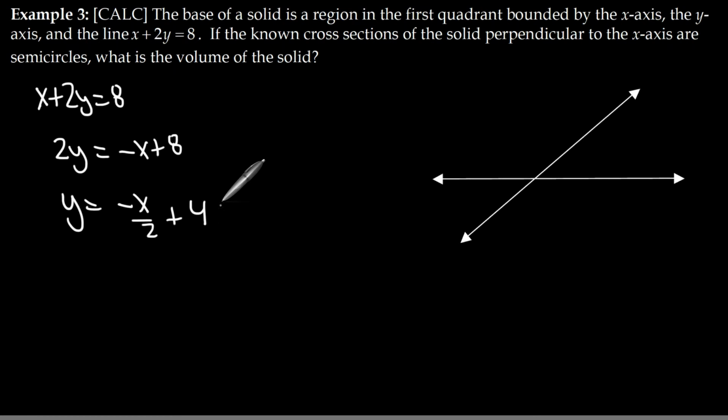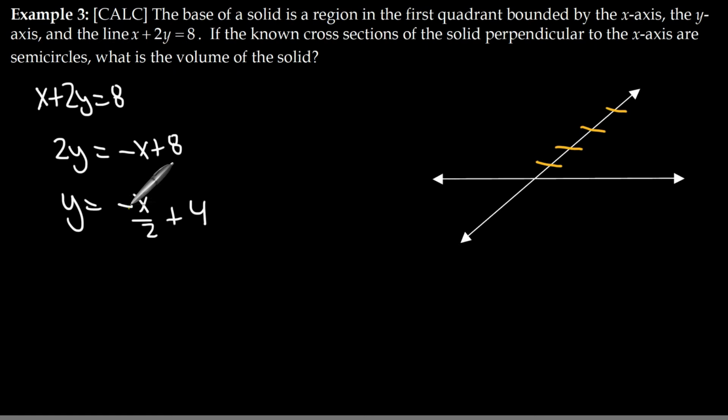All right, so now we can see that this graph is going to have a y-intercept of 4 and a slope of negative 1/2. So let's go ahead and draw that out. So this is going to be 1, 2, 3, 4. And we can see that it's going to cross the x-axis when x is 8. 8 divided by 2 is 4.